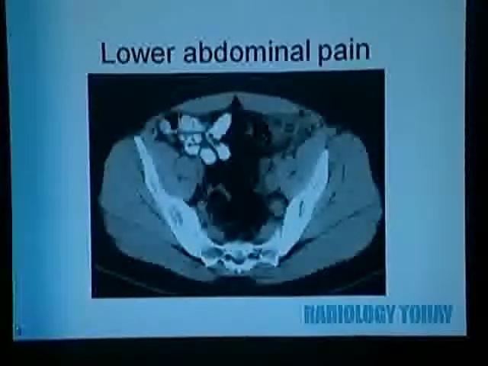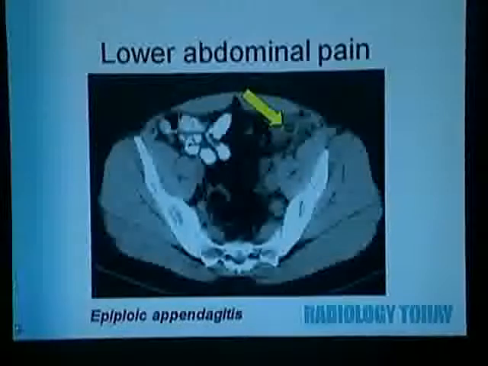Similarly, CT is very good looking at the omentum and mesentery, which is often a neglected, a forgotten source of potential abdominal pathology and pain. Here's one such diagnosis that we see quite a bit, actually. It's a small little fatty area with adjacent inflammatory changes. This is a typical location just anterior to the sigmoid colon.